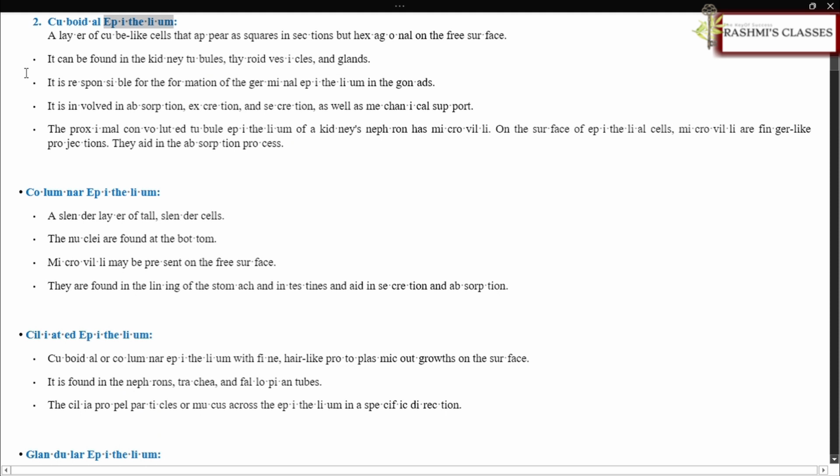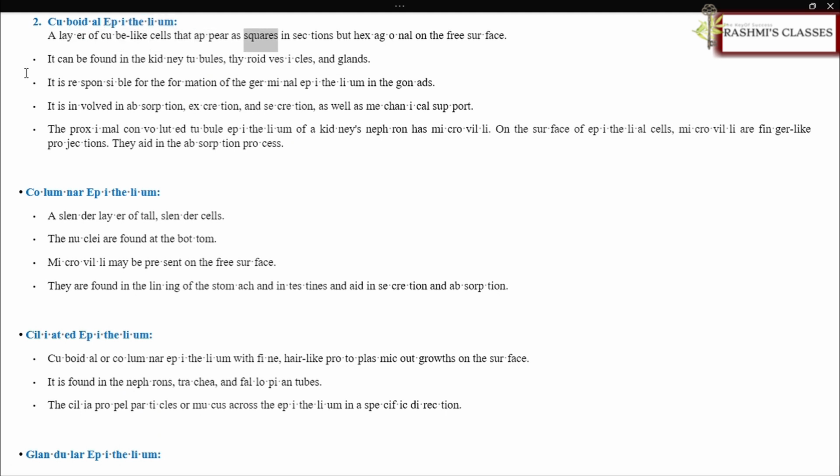Cuboidal epithelium: a layer of cube-like cells that appear as squares in sections but hexagonal on the free surface. It can be found in the kidney tubules, thyroid vesicles, and glands. It is responsible for the formation of the germinal epithelium in the gonads.